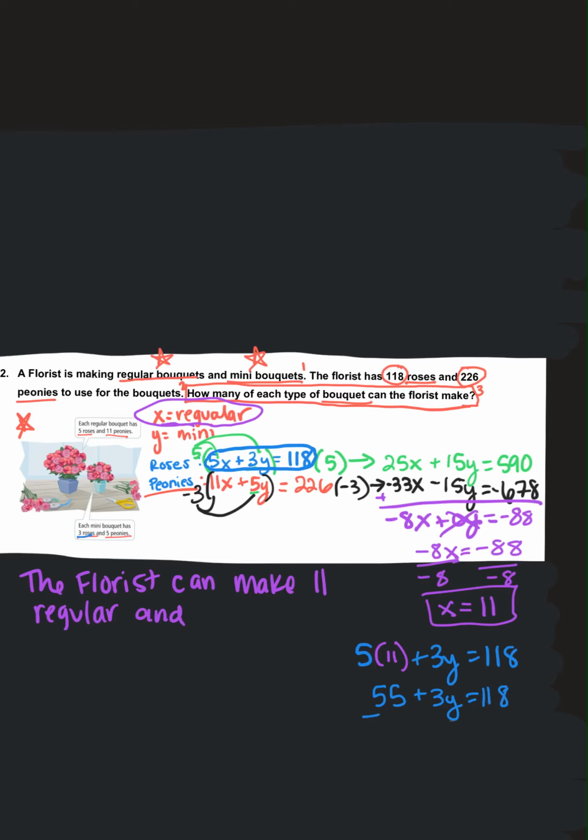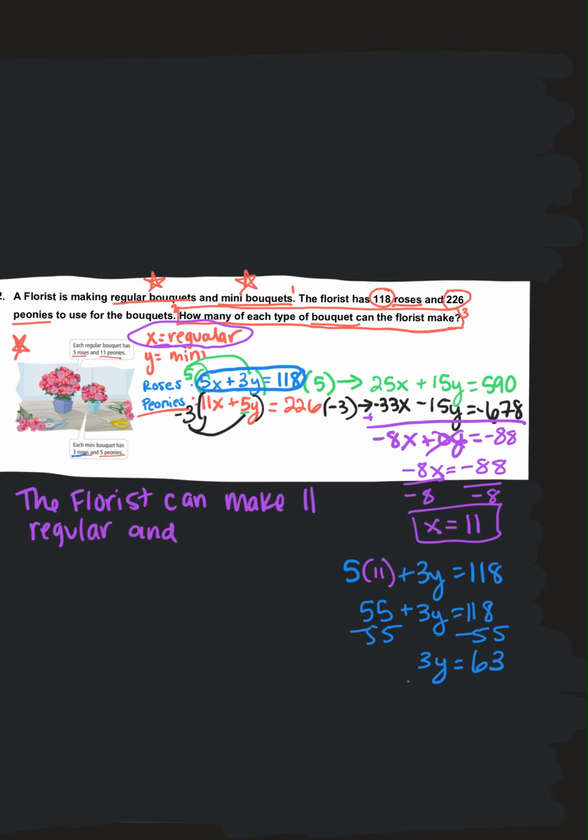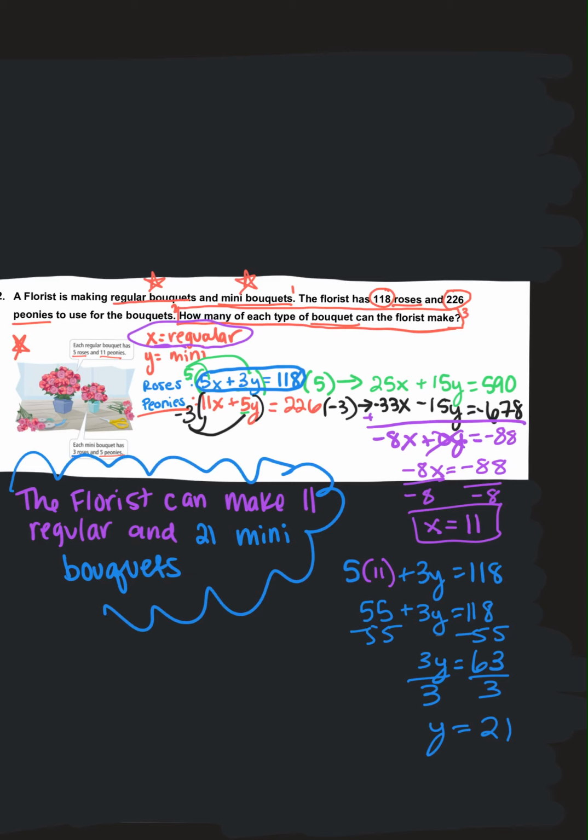All right, now I'm going to subtract 55 from either side, and I get 3y equals, I think 63. And then I'm going to scooch that up. Divide by 3, and we get y equals 21. So the florist can make 11 regular and 21 mini bouquets. That right there is our answer, my friends.